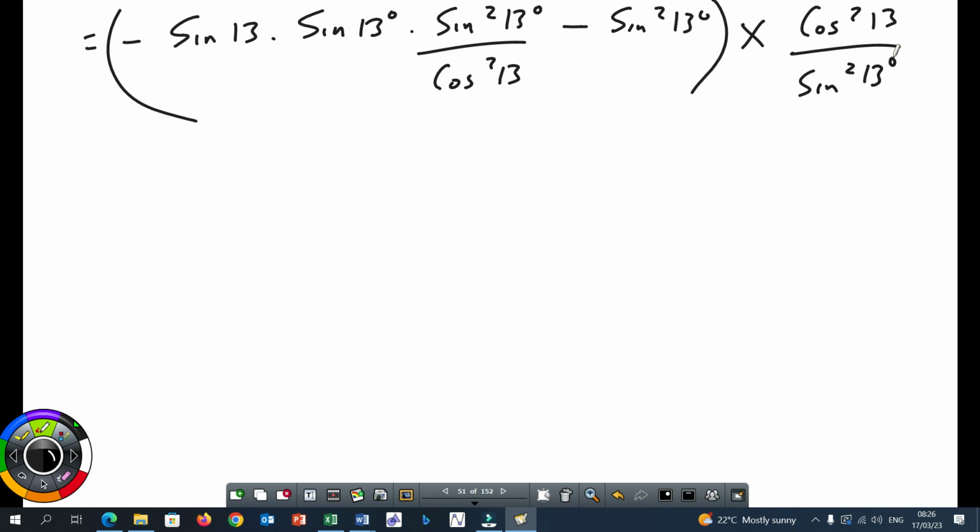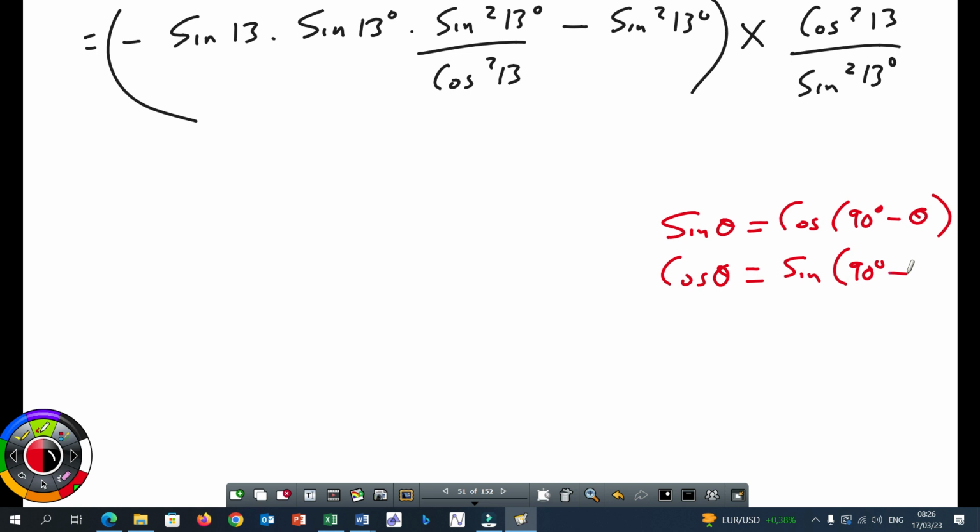Why does the cos change to sine? Because I use co-ratios. Co-ratios is this one. So sine theta is equal to cos of 90 degrees minus theta, or you can say cos theta is equal to sine of 90 degrees minus theta. You can use co-ratios to convert sine to cos and vice versa.